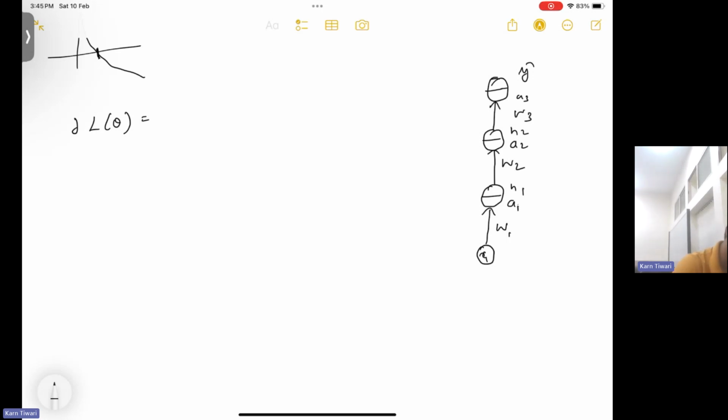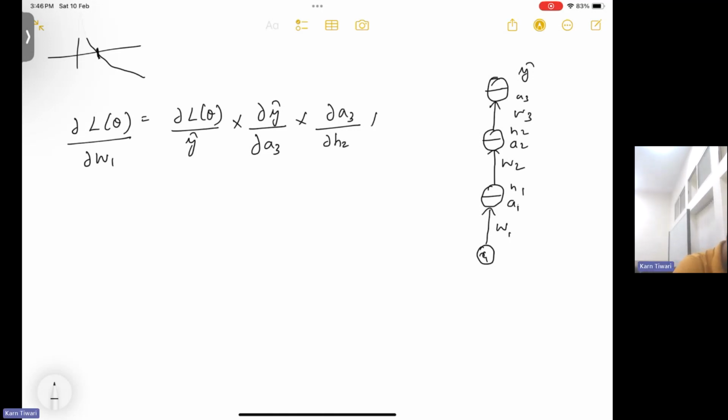Suppose I want to take the gradient of this with respect to W1, what will it be? Firstly, I take the loss with respect to y hat, multiplied by the derivative of y hat with respect to the activation A3, then A3 with respect to H2.